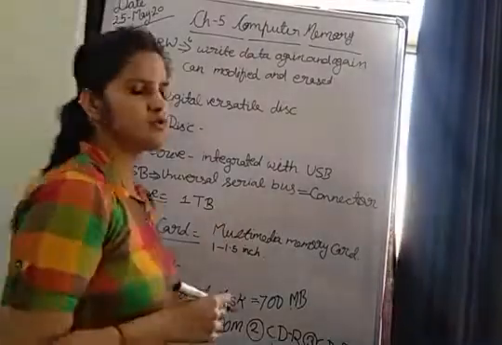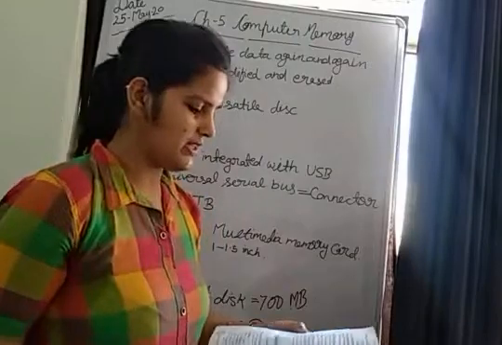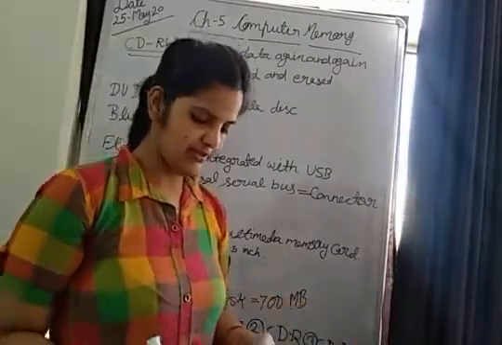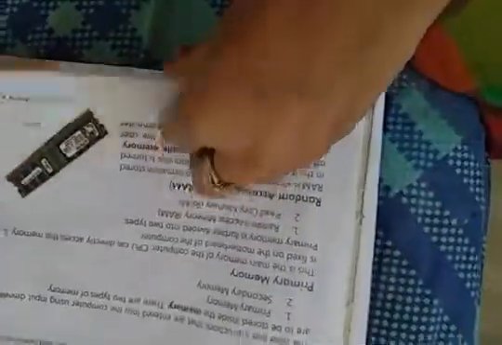Now I will show you some pictures of the storage devices. See students, which we have discussed in the class. See students, this is the RAM. It is generally stored inside the CPU cabinet. Now this is the ROM chip for the read only memory.